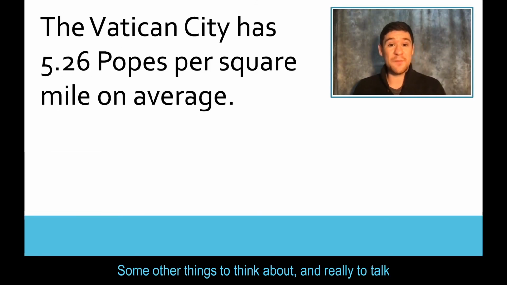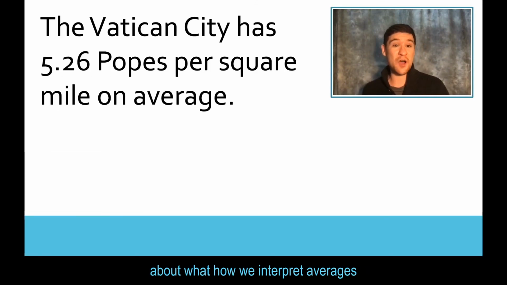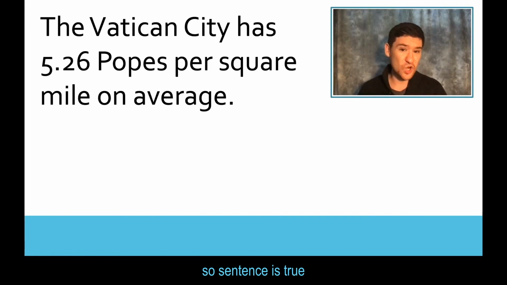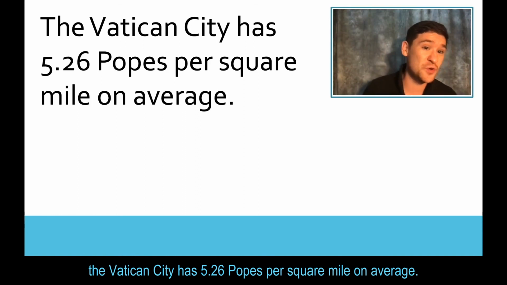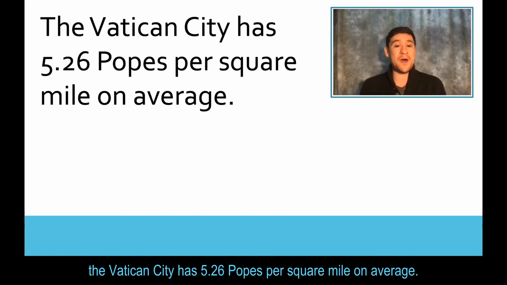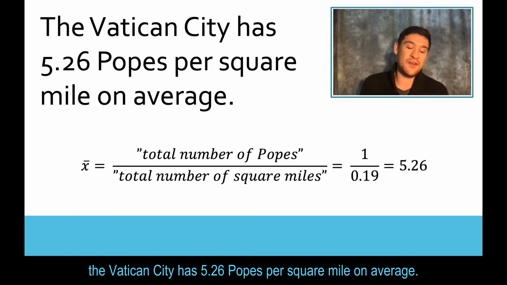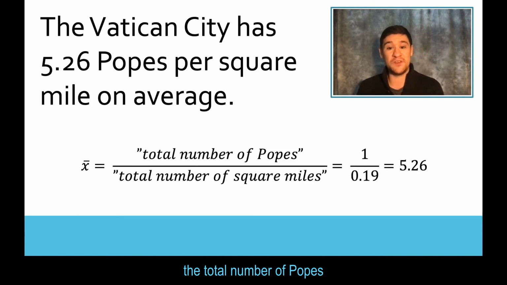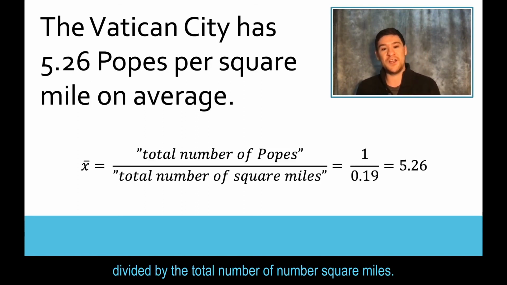Some other things to think about, and really to talk about how we interpret averages. So this sentence is true. The Vatican City has 5.26 popes per square mile on average. The average number of popes is going to be the total number of popes divided by the total number of square miles.